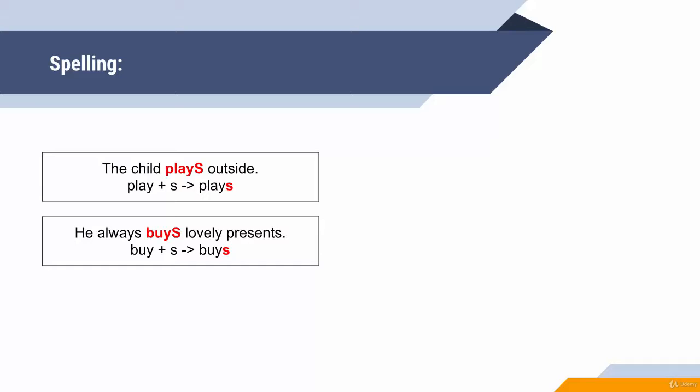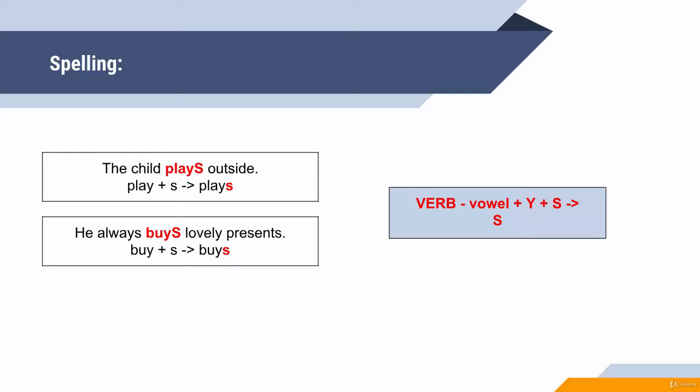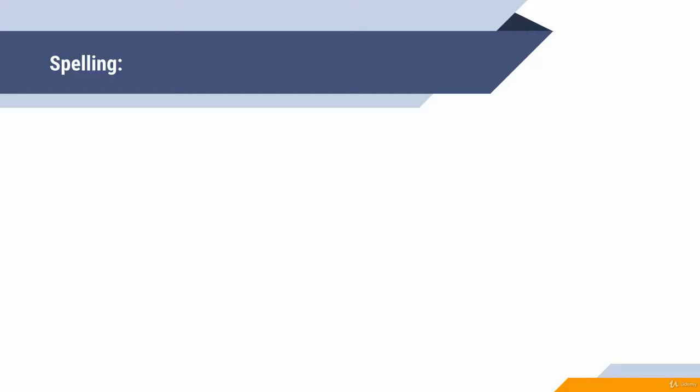He always buys lovely presents. What's the difference now? The verb finishes in a vowel, and the vowel A or U in buy is followed by Y. A-Y, U-Y. Then you add S, and that's it. Nothing changes. You know this rule, again, from the plural forms of the nouns.